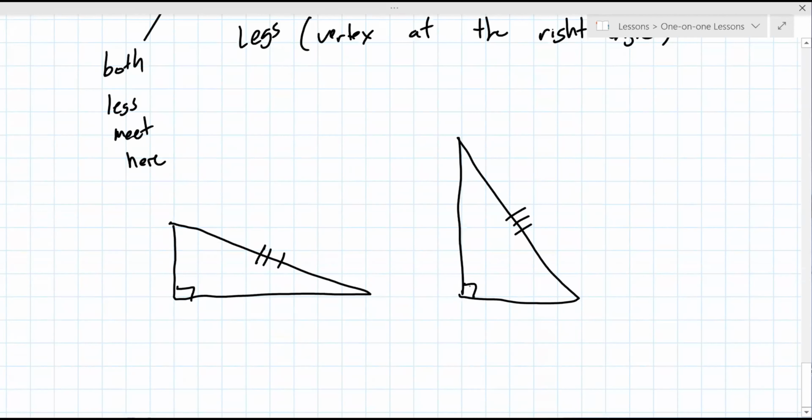Okay, and I tell you that this one is 5 and this one is 8. Is the leg the same in both of them? No. And what if I tell you that this is 7 and this is 6? Are any of the legs the same? No. We got the hypotenuse, but we don't have a leg. No legs the same.